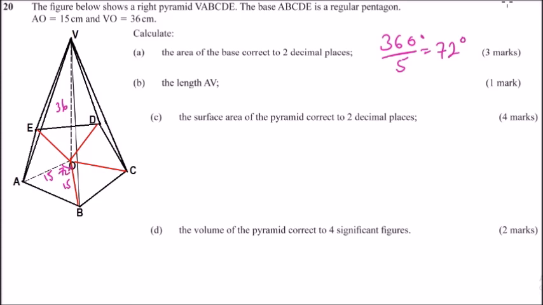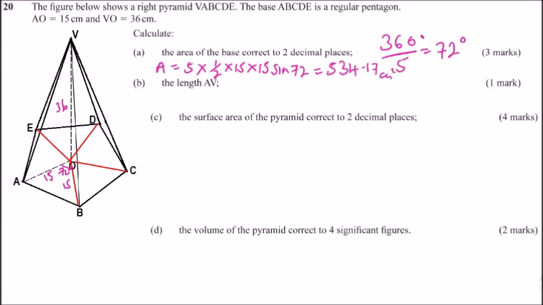So with that, we can get the area of the base. We say area of the base is equal to 5 triangles multiplied by, we use the formula, half ab sine theta. So it is a half multiplied by 15, multiplied by 15, multiplied by the sine of 72, and using your calculator, you should be able to get 534.17 centimeters squared.